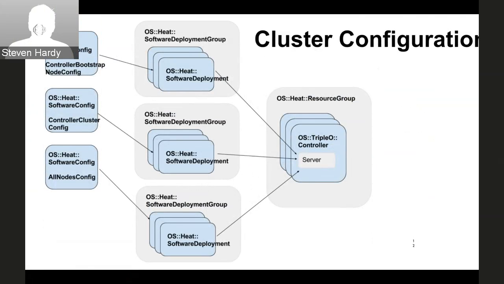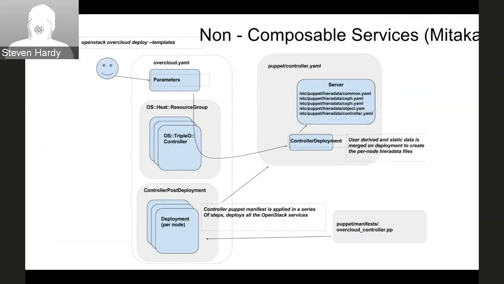Okay, no worries. So this is kind of just a picture of what the model we had until Newton looked like. So you would pass a bunch of parameters into the Overcloud template. The top level parent template of a TripleO deployment is overcloud.yaml, and that contains definitions for all of the resource groups that we just talked about, and all of the various post-deployment steps that we need to configure the services on the nodes defined by those resource groups.